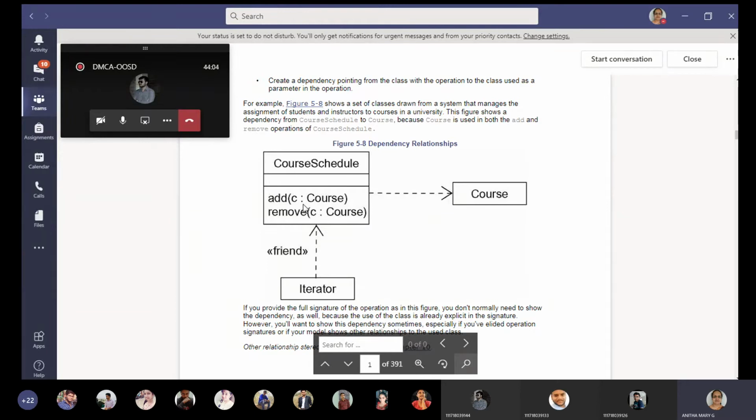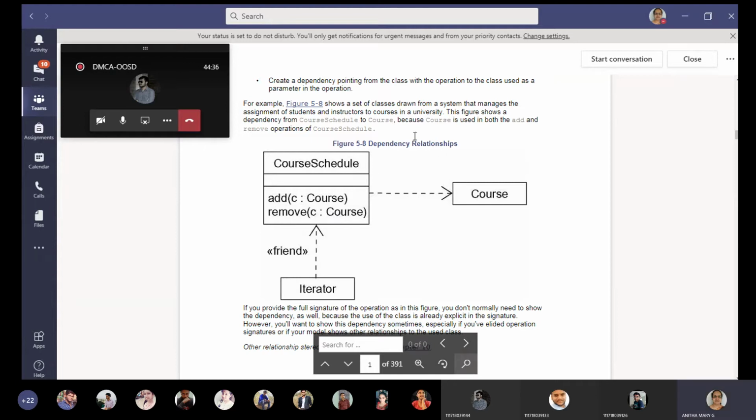Based on the course only, the students or the faculty will be depending on it. If it is the MCA course, then only the students or lecturers related to that course will come into the picture. So first it has to be the course. Then if the course exists, there is the course schedule. Different courses will start at different times. So the course schedule, and the course can be added or removed.